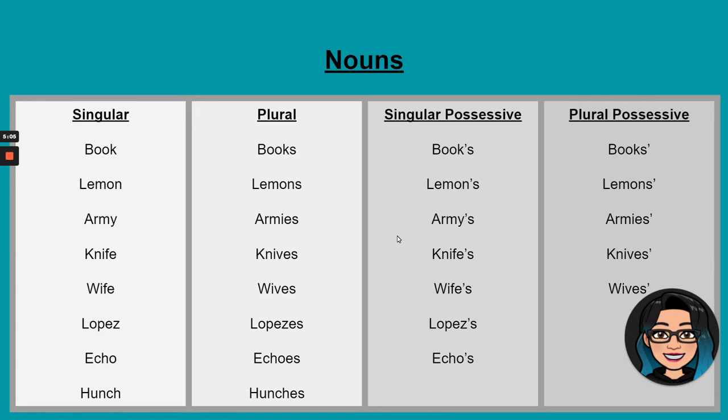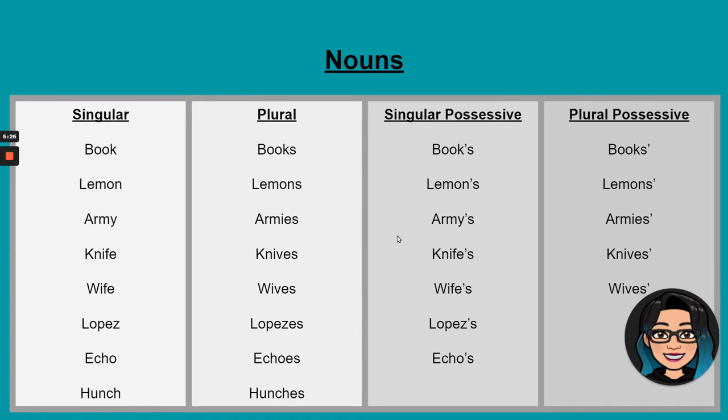So if the singular is book, the plural is books. You just add an S. The singular possessive is books with an apostrophe S, and the plural possessive would be books with an apostrophe after the S.